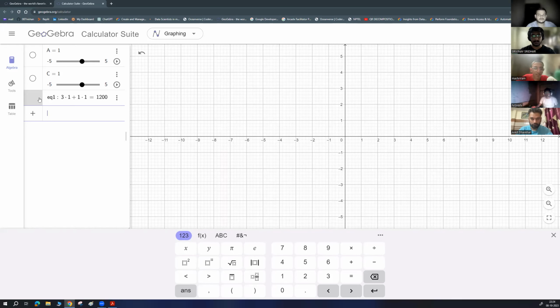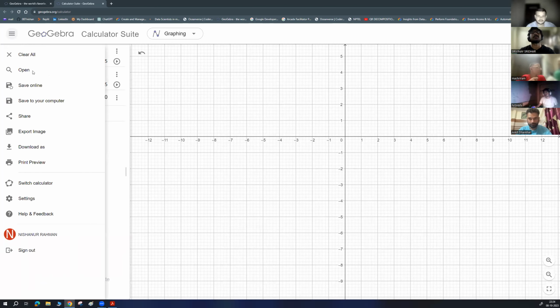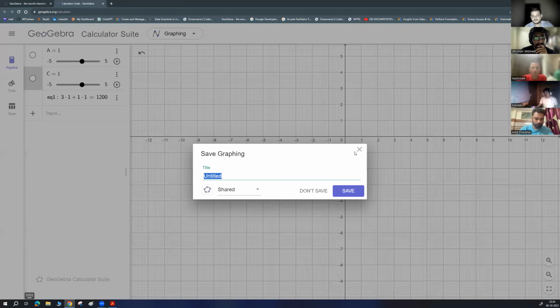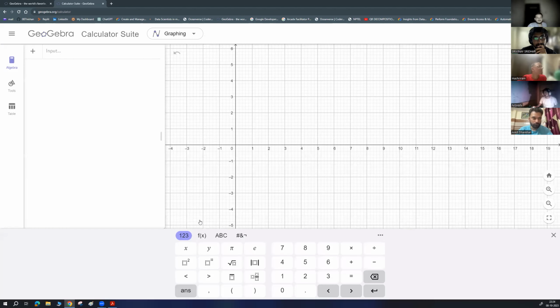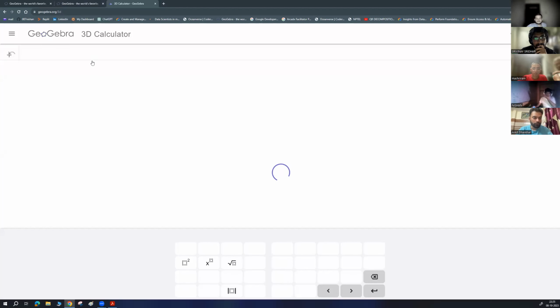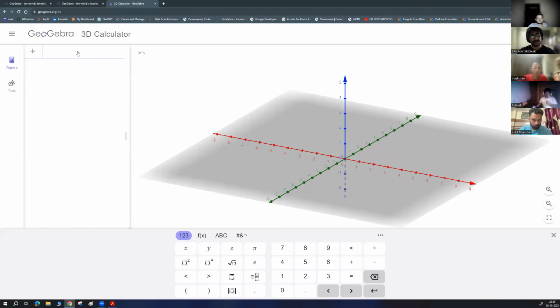We need the 3D calculator for this. Right. Okay. Let me send you the link for the 3D calculator. Just a second. Yeah. There you go. 3D calculator. Fine.